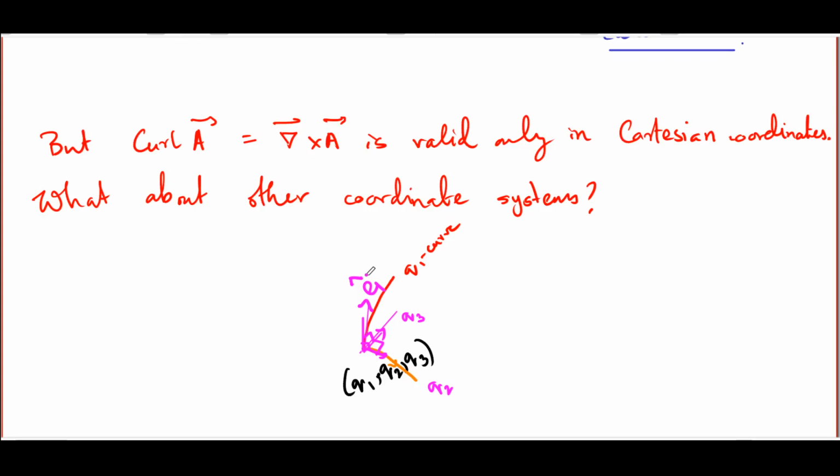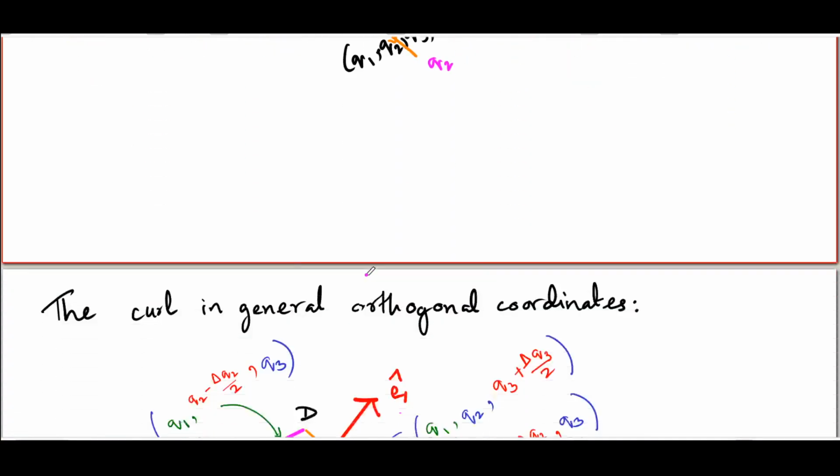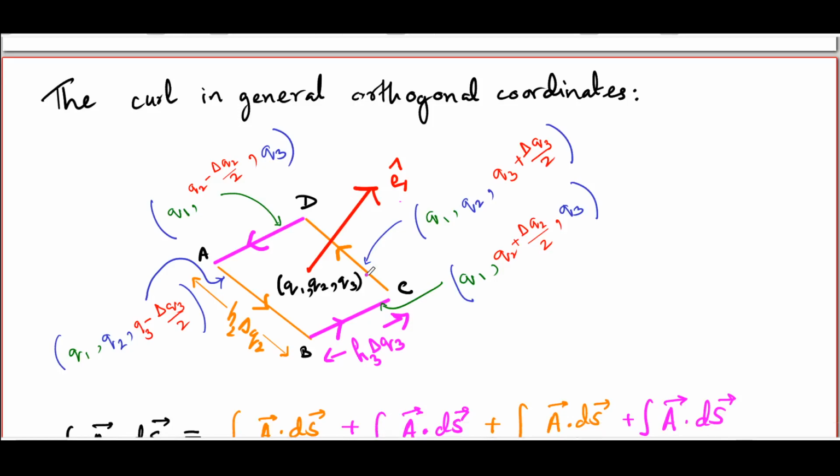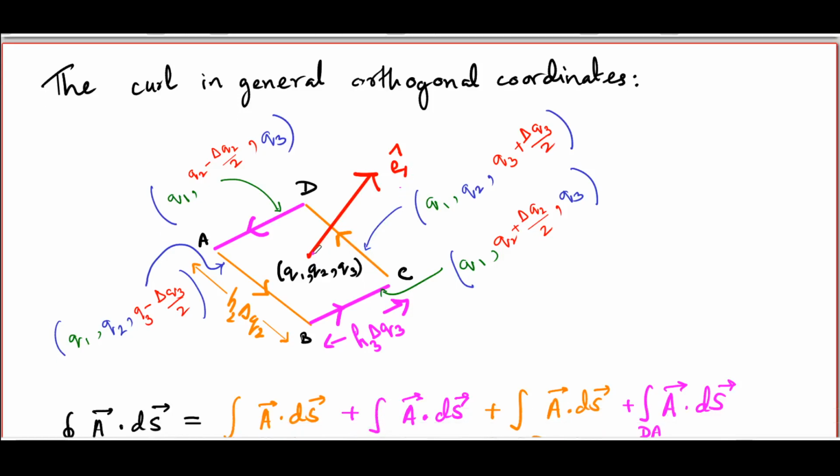Now remember, from the definition of the curl, we know that the curl's component in any given direction is basically the surface density of circulation in a plane perpendicular to it. So what we need to do here is the following. In order to figure out the first component of the curl, we take a loop in the 2-3 plane, a plane in which q1 is held fixed, only q2 and q3 are changed.